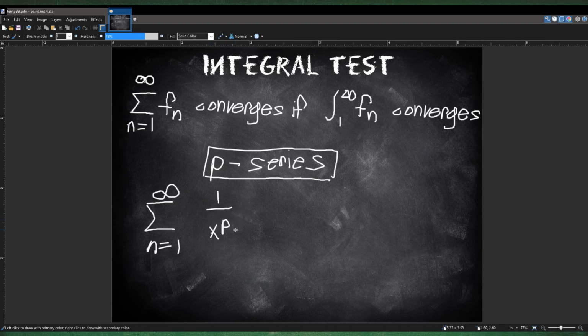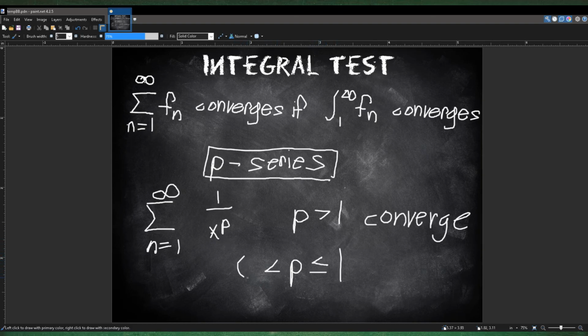Which is why it's called the P series. Then if p is greater than 1, this would converge. And if p is less than or equal to 1, but greater than 0, it's going to diverge.